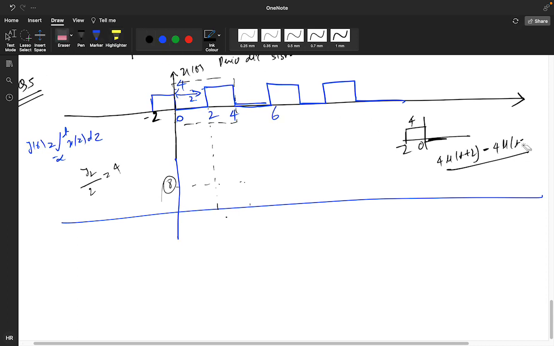It will be 4 u of t because at 0 it's getting a step down. So 4 u of t plus 2, if I integrate this, I get 4 r of t plus 2 minus 4 r of t, so t plus 2 is here, minus 2.